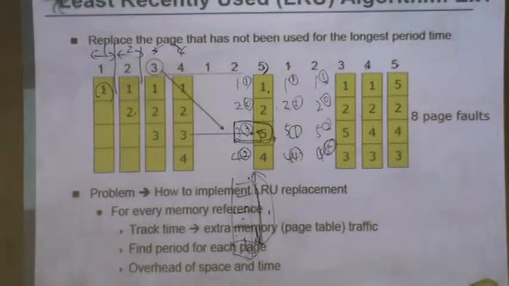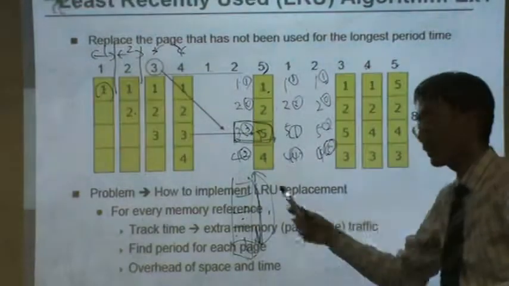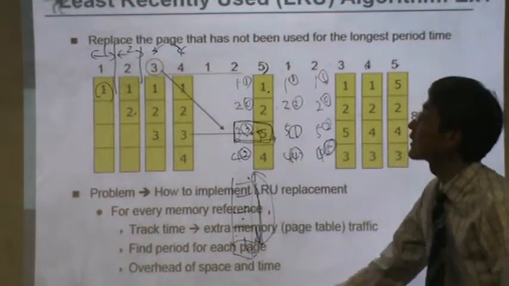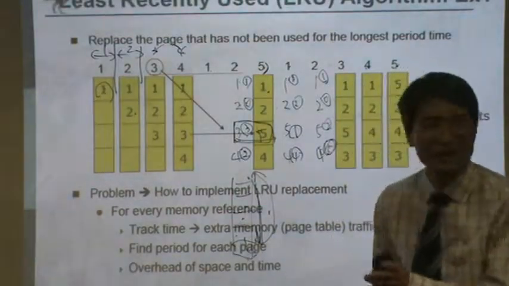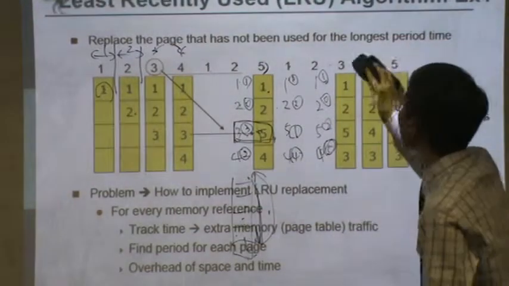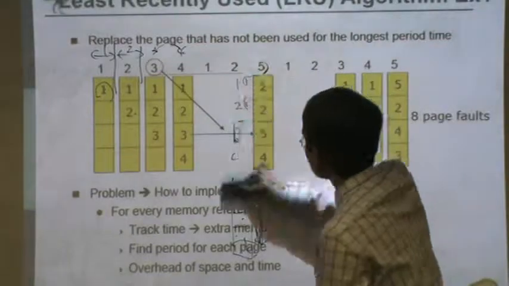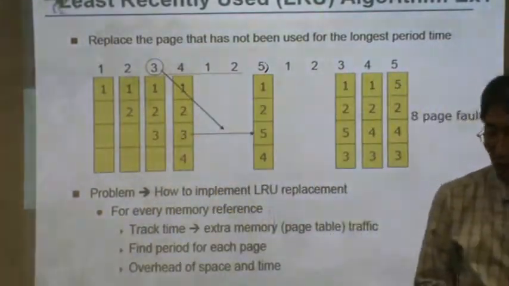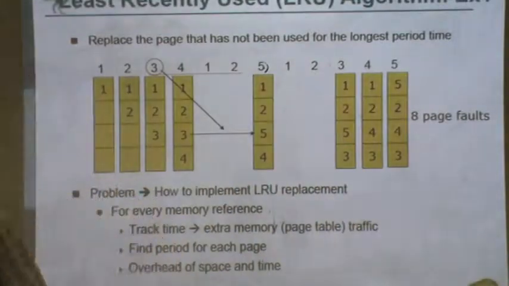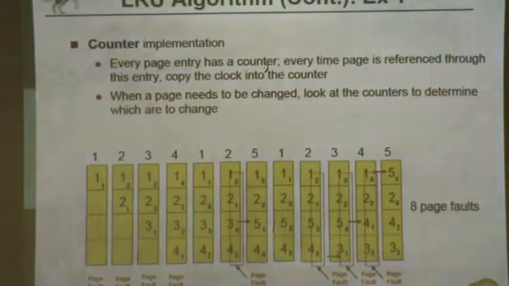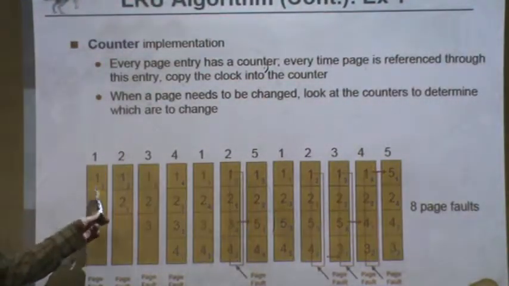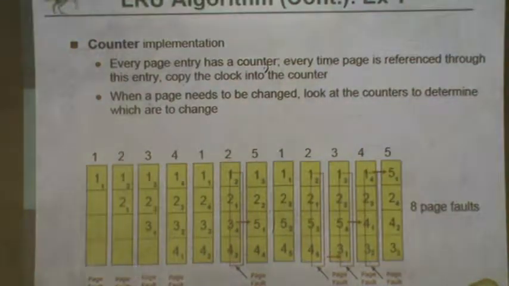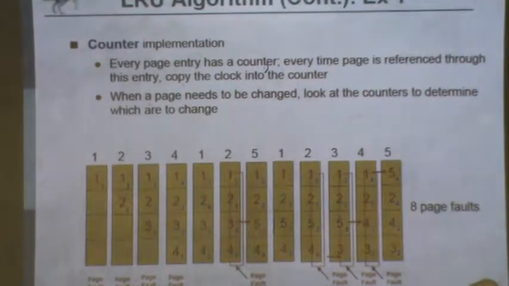That is used in the real implementation of least recently used. But still, that maintenance is a little bit costly. One nice way to implement it is for each page to have a counter. The counter can be implemented as a hardware instruction.